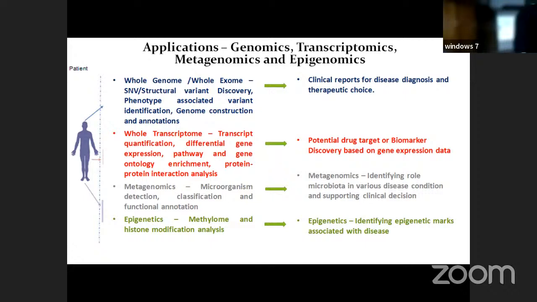Then in metagenomics, as I have mentioned already, you can identify the role of microbiota in various disease conditions to support clinical decisions. Sometimes you will go for a test and find no pathogen, no infection. Then definitely you will not take medicine. You think it is a normal cold or viral fever and that after 3 days you will relax.